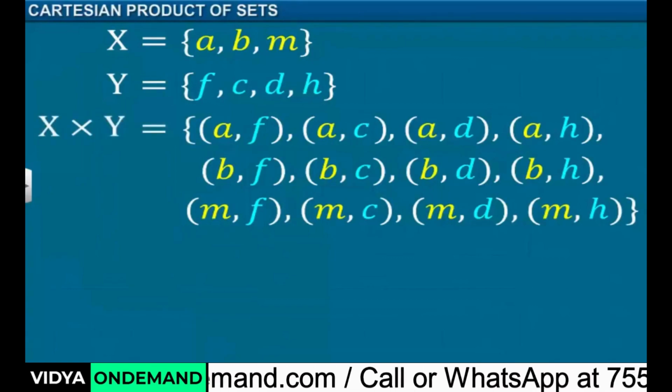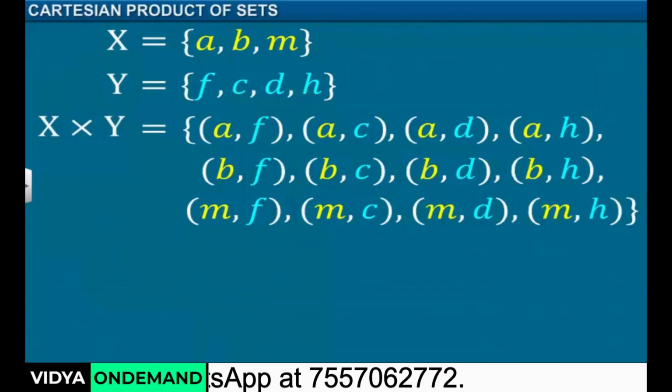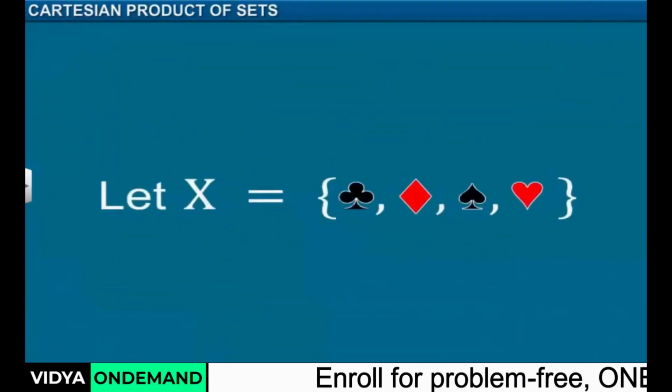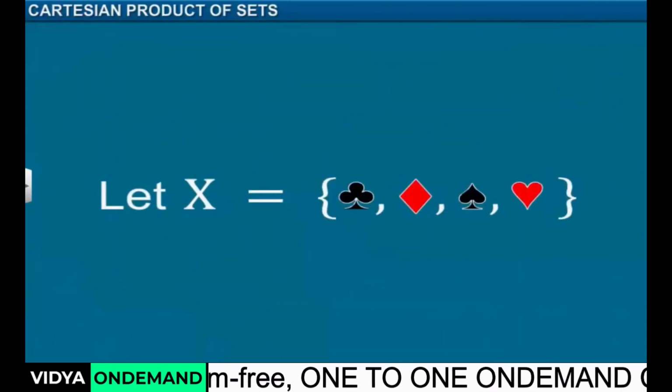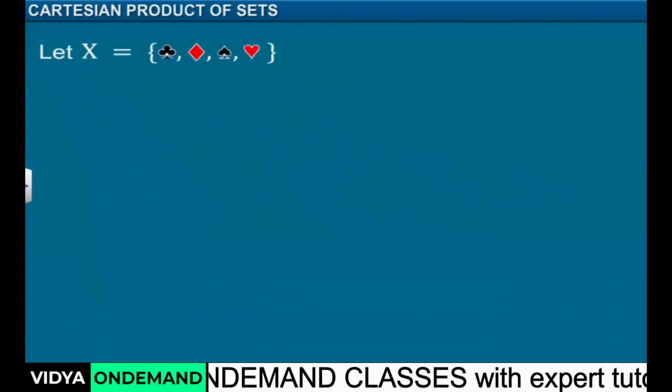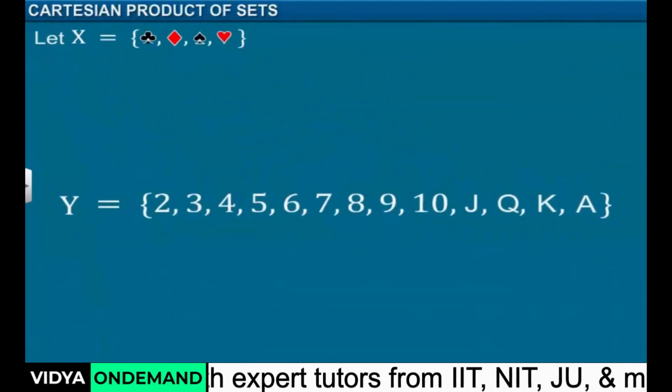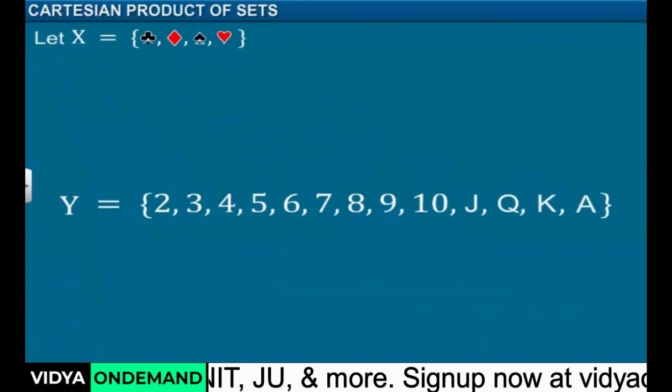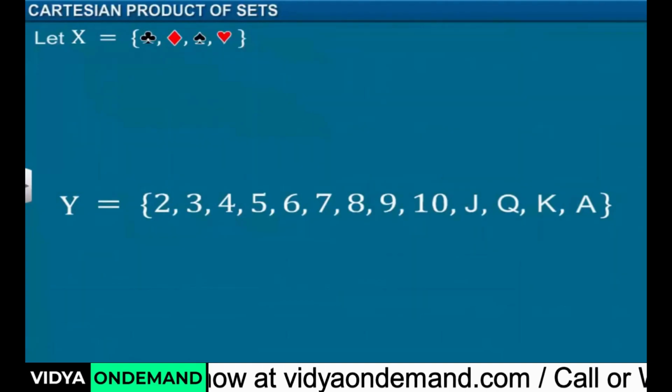Let us take one more example. Consider X to be the set of 4 different types of cards. Y denotes the set of all the numbers from 2 to 10, Jack, Queen, King, and Ace printed on the cards.